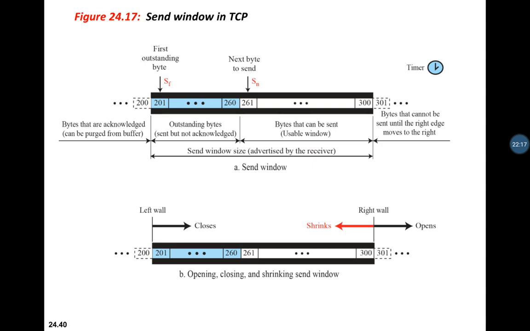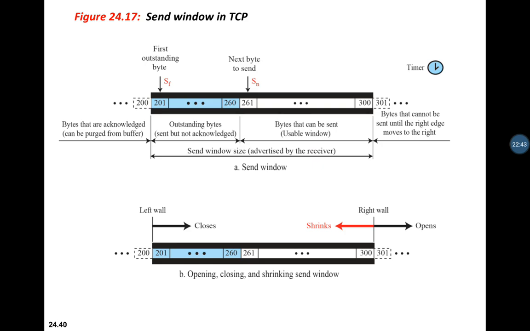Outside the window, the bytes ahead are acknowledged, and the ones behind cannot be sent until the window slides. And the window always slides, like the left wall closes and moves to the right wall. That is how the window opens.